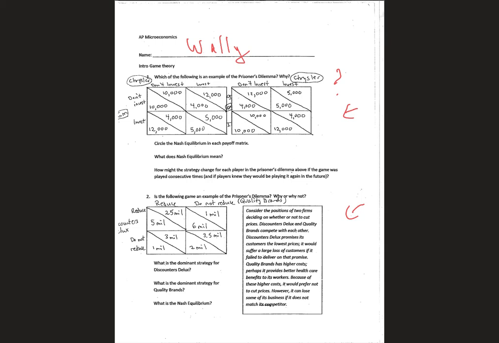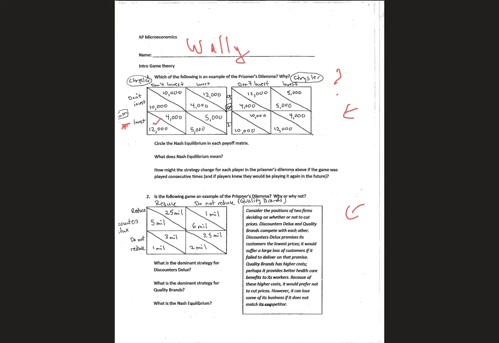If I am going to play the first game and look from the perspective of GM, I'm going to imagine that if Chrysler doesn't invest, so I'm looking down the column of only not investing, GM could either invest or not invest. Investing gives a higher payoff, so let's assume that GM invests.